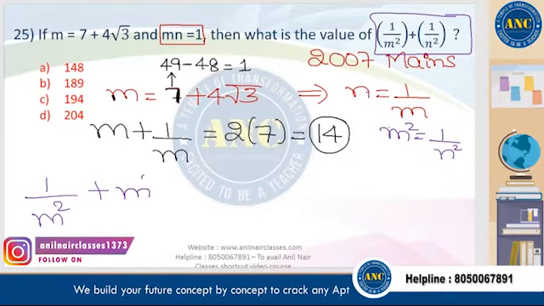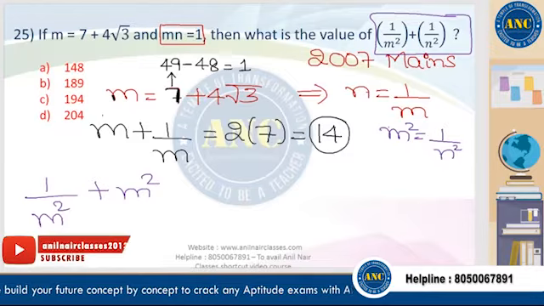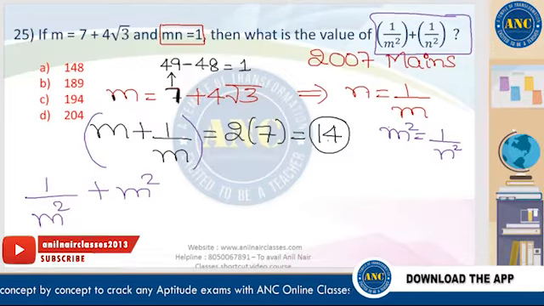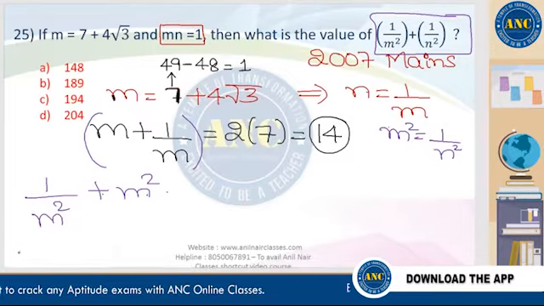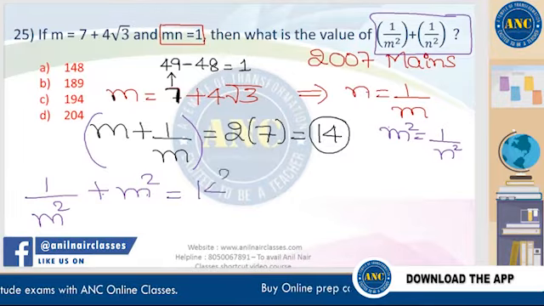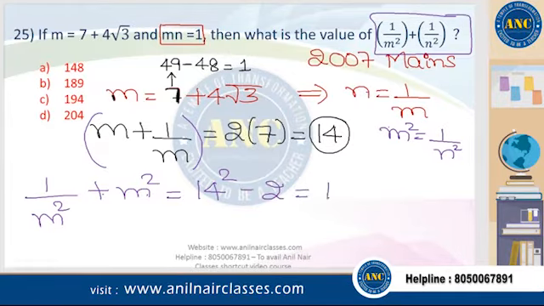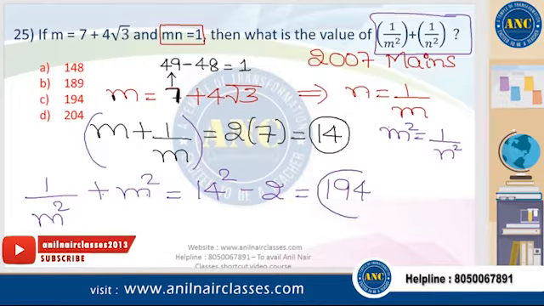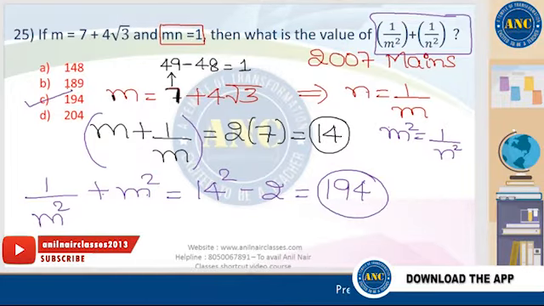That means it is very easy right now, sir. If m plus 1 by m is 14, m square plus 1 by m square will be 14 square minus 2. 196 minus 2 is 194. Answer for this question is 194.